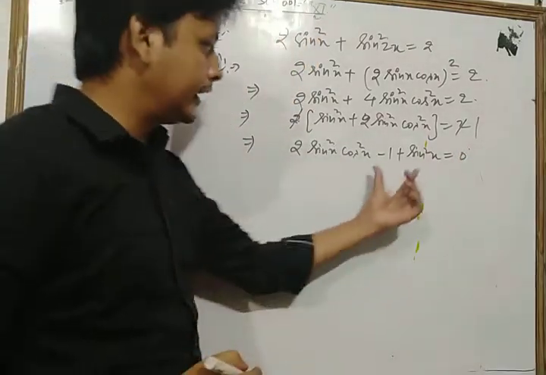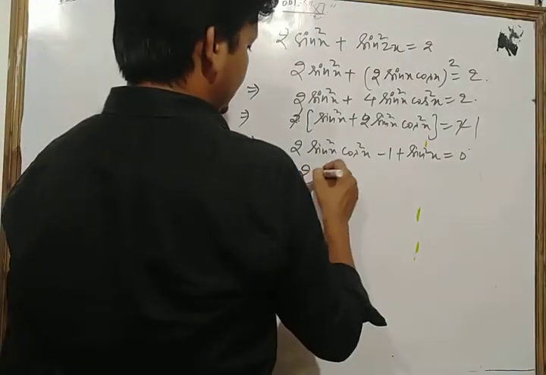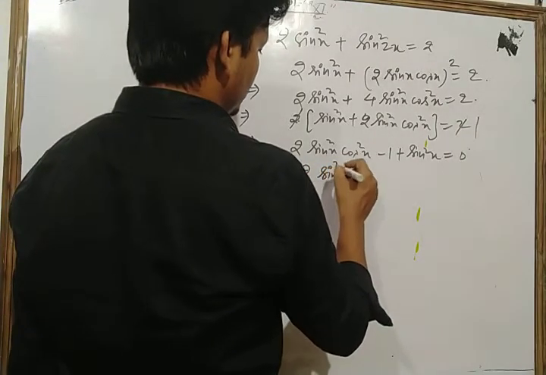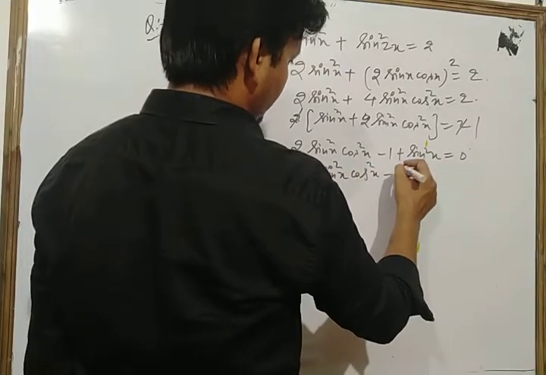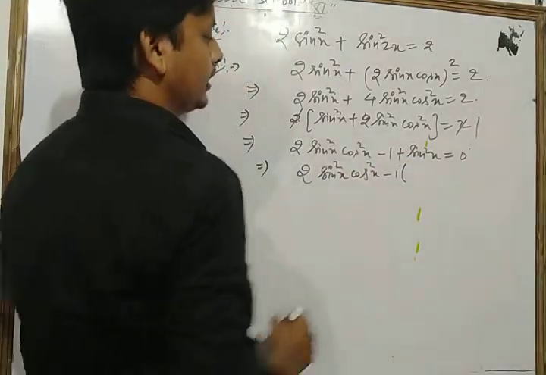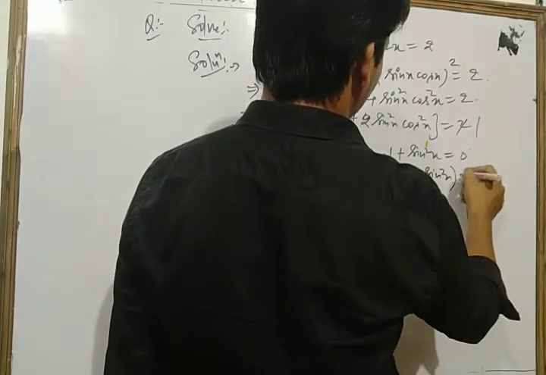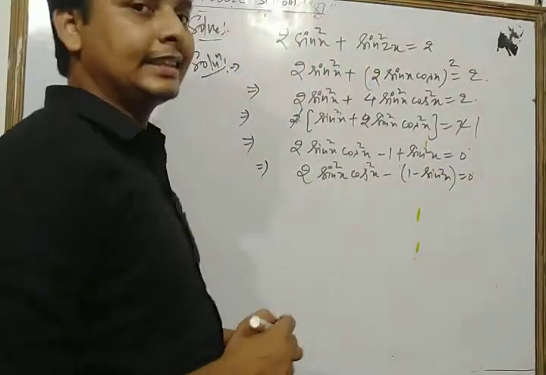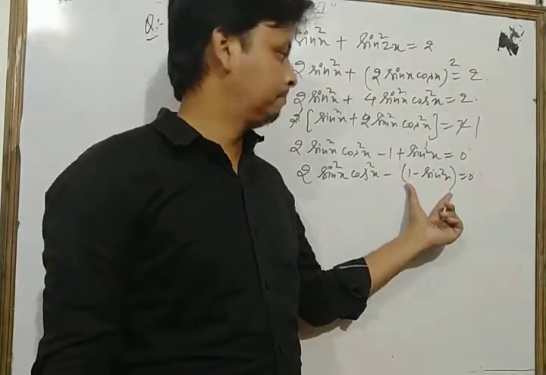Okay, now here first we take minus as common. Let's see, that is 2 sin square x into cos square x minus 1 as common. Then we get minus common, we take 1 minus sin square x is equal to 0, and we know the identity 1 minus sin square x is what?